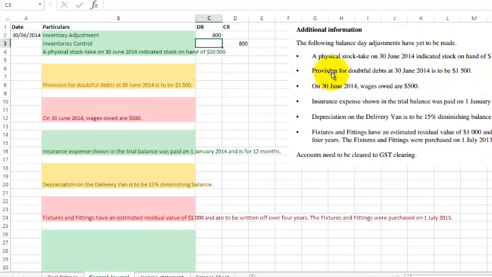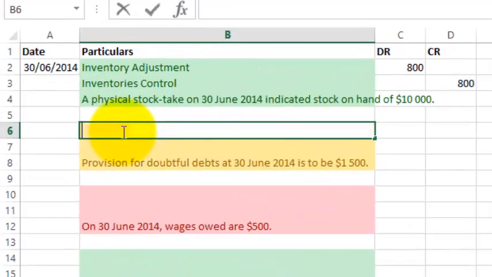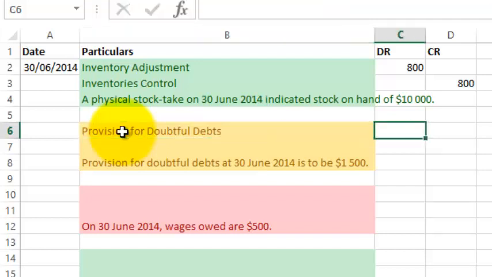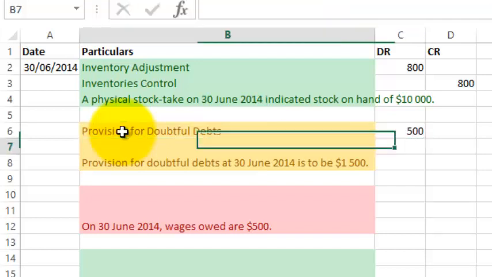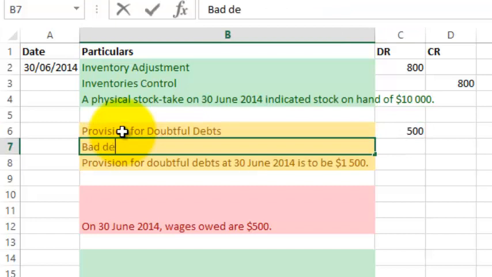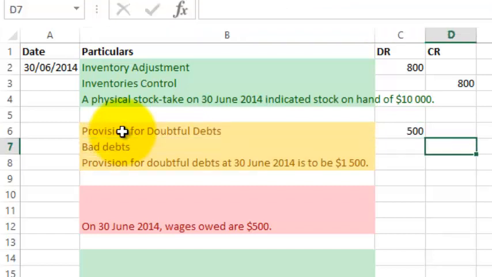So in order to reduce a provision for doubtful debts, which has got a credit balance in it, by $500, I need to debit that account. So let me just type that in. Provision for doubtful debts. That's going to be debit for $500, and the credit amount goes to bad debts expense account. There we are, $500.